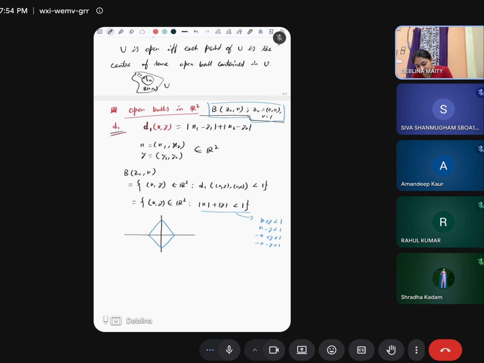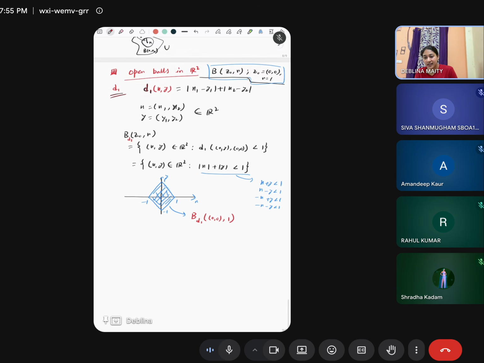This line is x plus y equals 1, and the next is x minus y less than 1. So this region is nothing but this region. This is x and this is y. This is B_d1((0,0), 1).